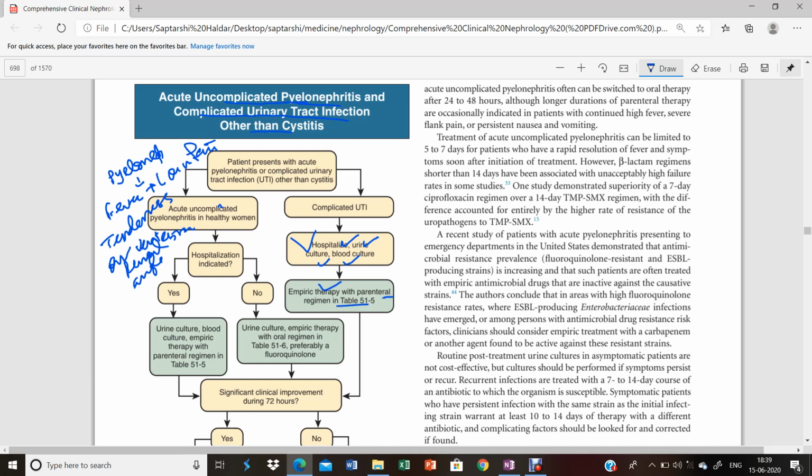If uncomplicated, we also evaluate whether hospitalization is needed or not. If yes, then follow the same urine culture and empirical therapy. If no, then do a urine culture and give empirical therapy with an oral regimen.